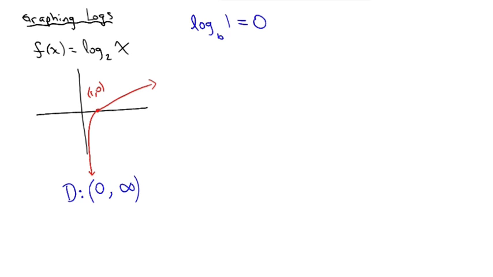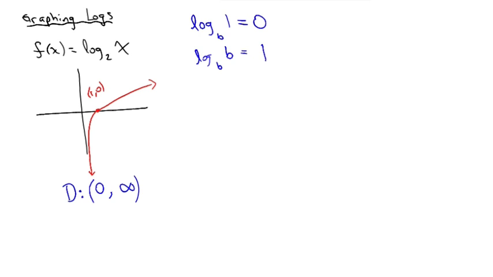What power do you raise b to get an answer of 1? Well, b to the 0. It's the only thing that works. Another one that you might want to know is log base b of b. Whatever the base is, the other b is going to have to be 1. The answer is just going to be 1.